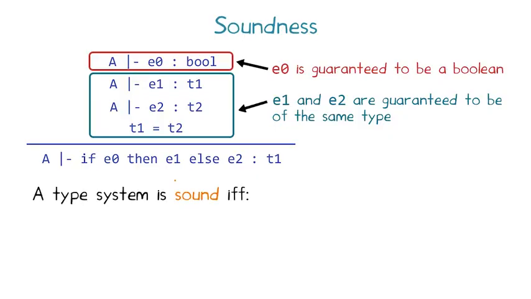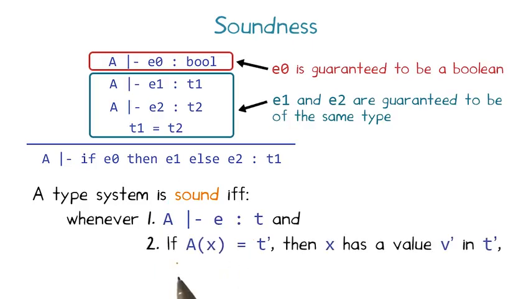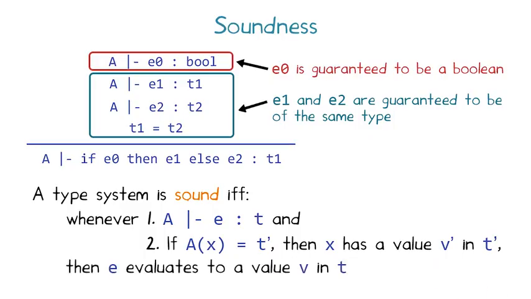Formally, we define a type system to be sound if and only if, whenever it is provable under an environment A that E has type T, and furthermore, whenever the environment A maps variable x to type T prime, then x indeed has a value v prime in that type T prime, then E always evaluates to some value v in T.